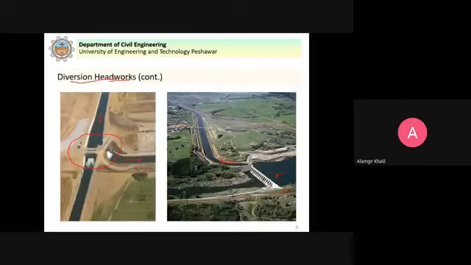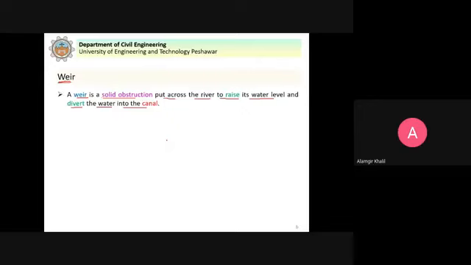In the diversion headworks that we studied so far, you can see that we raise the water level by construction of a weir. So a weir is nothing but a solid obstruction put across the river to raise its water level and divert the water into the canal.